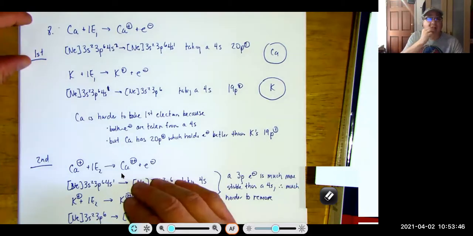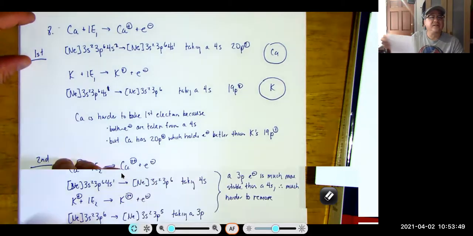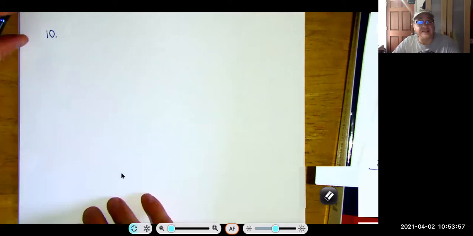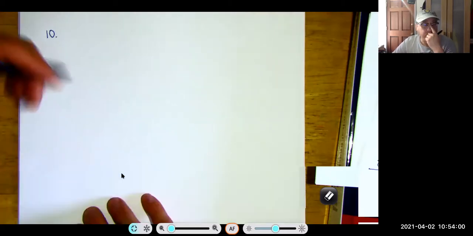Any others? No, I hadn't gotten to 9 and 10 yet anyway. Well, let's take a look at 10. Okay. So we want to look at the ionization energies and rationalize them.